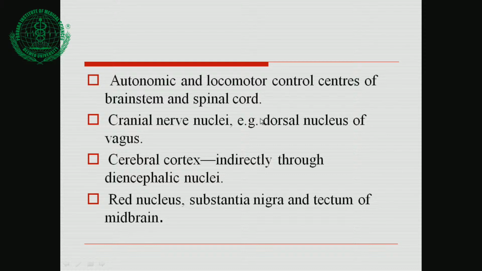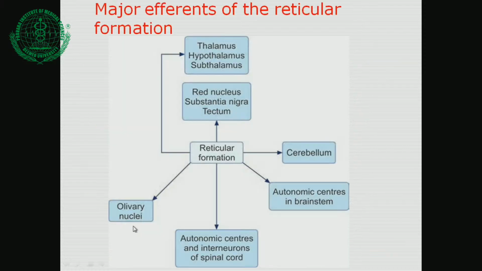So autonomic and locomotor control centers of the brainstem and the spinal cord. Cranial nerve nuclei, for example the dorsal nucleus of the vagus. The cerebral cortex indirectly through the diencephalic nuclei. Red nucleus, substantia nigra and tectum of the midbrain. These are the few main efferents of the reticular formation.